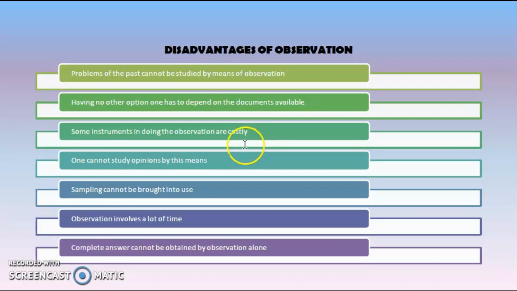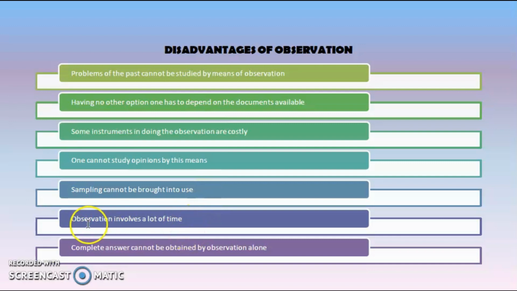Observations like controlled observations require some special instruments or tools for effective working, which are very costly. Fourth, one cannot study opinions by this means, and he or she may require training. Next, sampling cannot be brought into use.